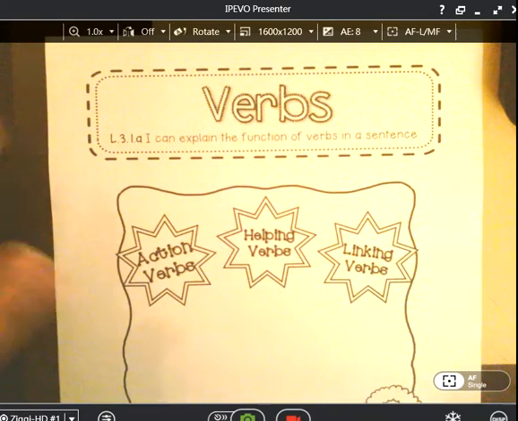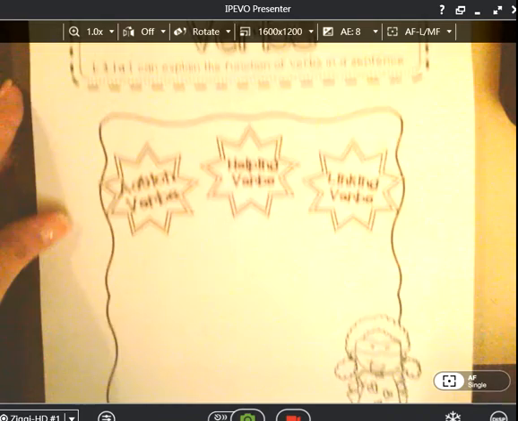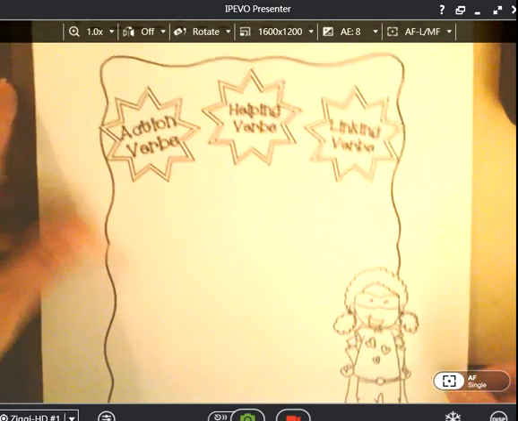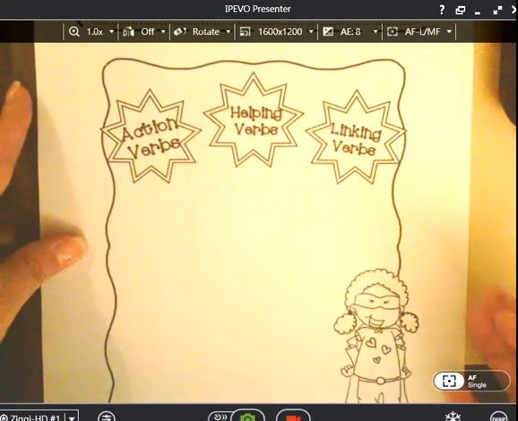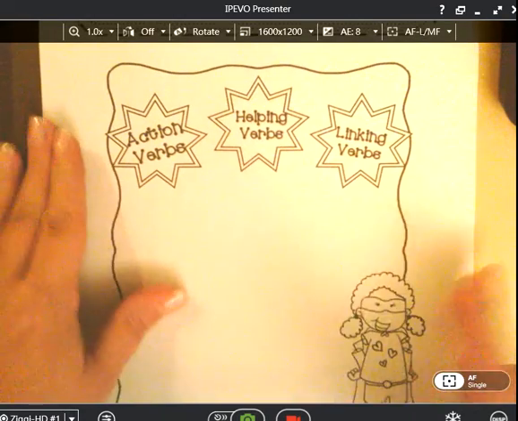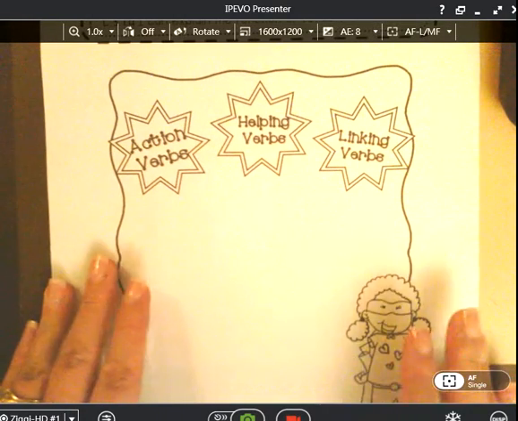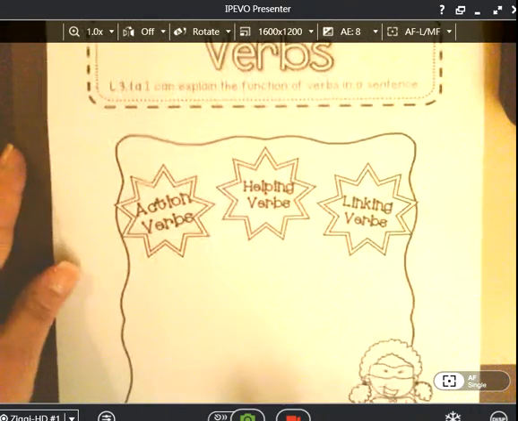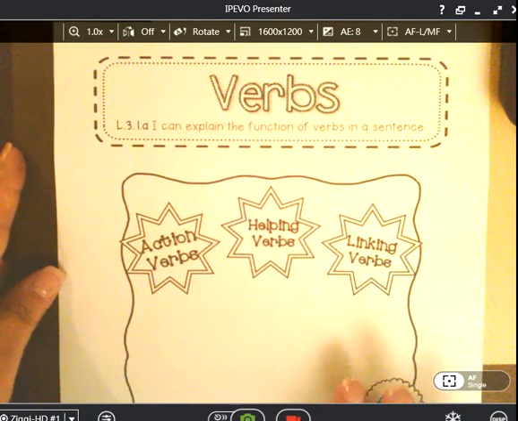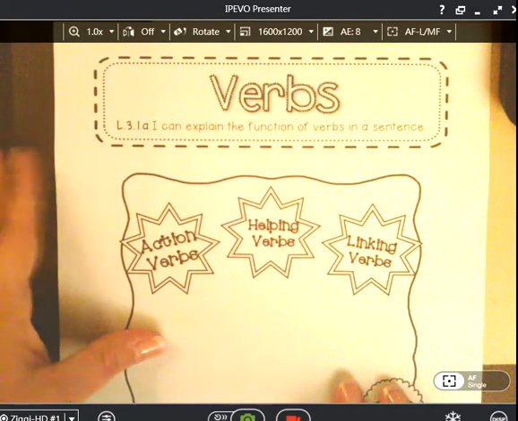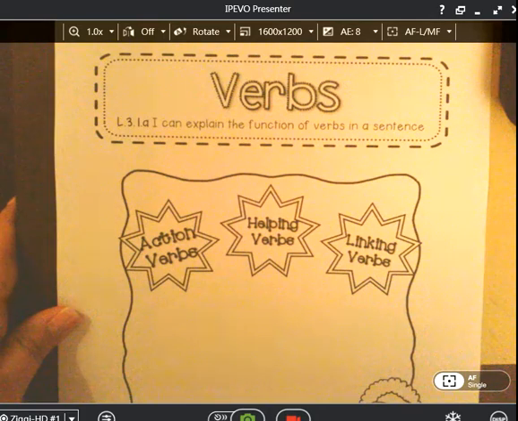You need to have this sheet that you were given. You either have a little boy or a little girl here to use for our notebook page today. And you also need your interactive notebook spiral.